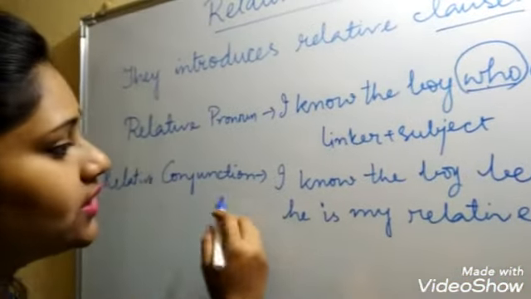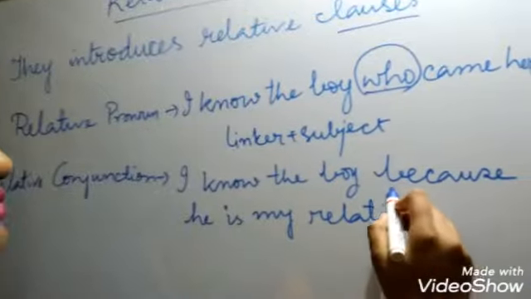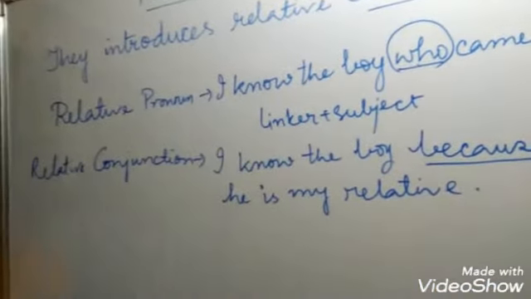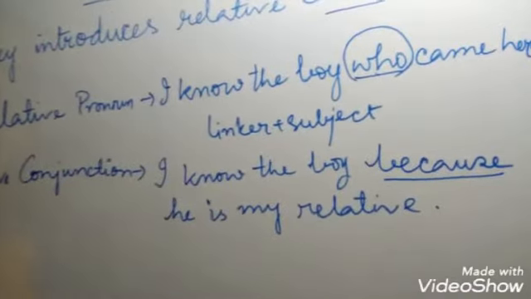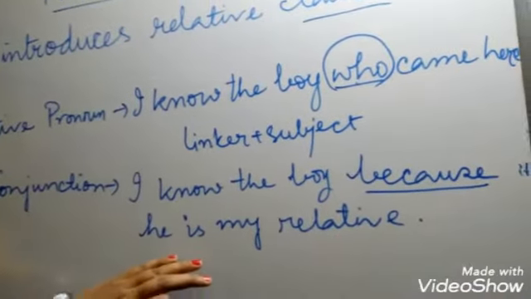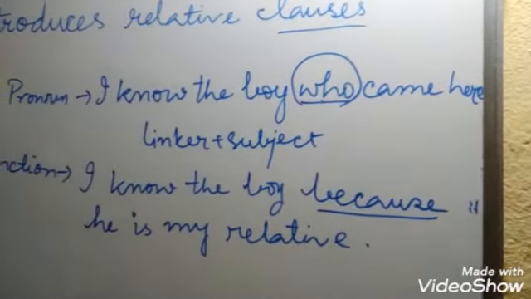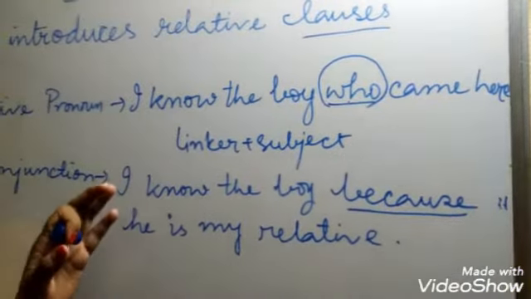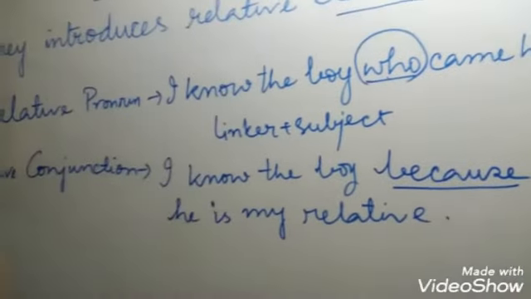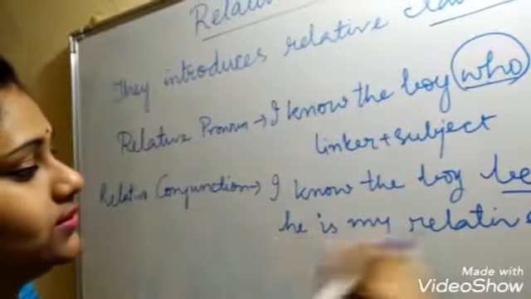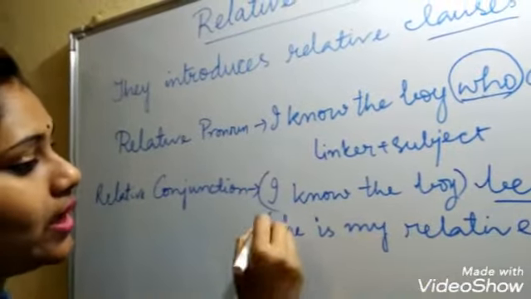But in the case of a conjunction, you see: I know the boy because he is my relative. Here it is acting only as a linker. So in the pronoun, actually, it is performing two functions. Relative conjunctions are joining the two clauses: I know the boy, he is my relative.